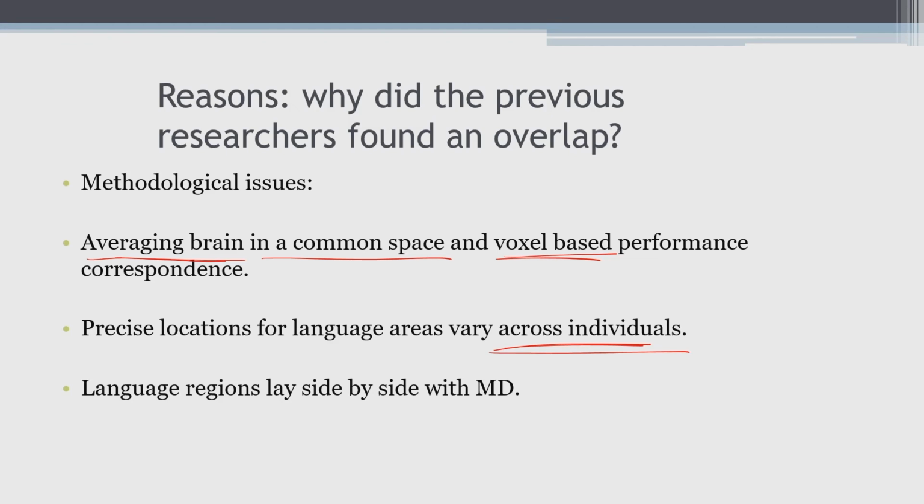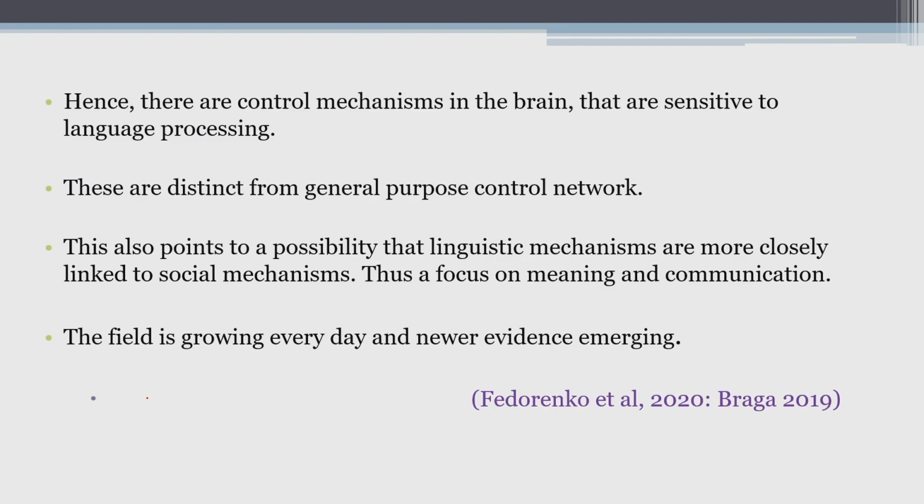That has not been taken into account by most of these studies, and that is why it is kind of simplistic in her terms. And also because these regions lie side by side, very close to each other, there is always a possibility of confusing one with the other.